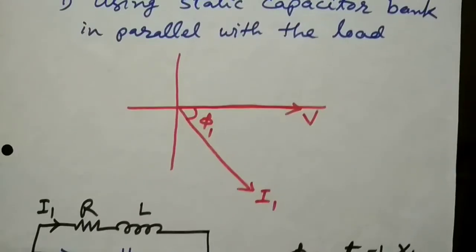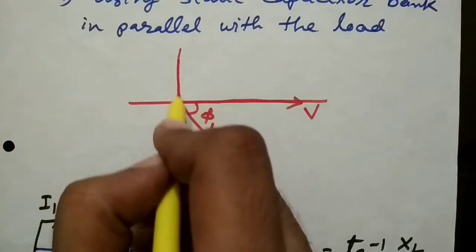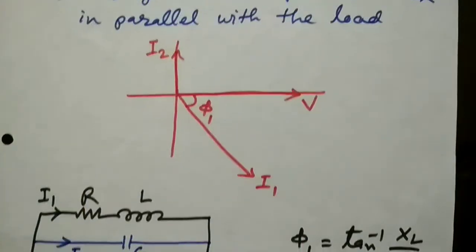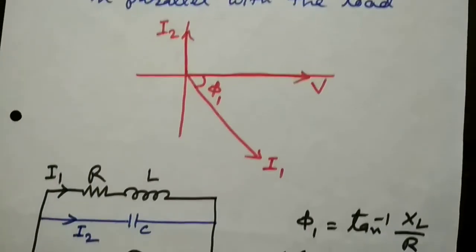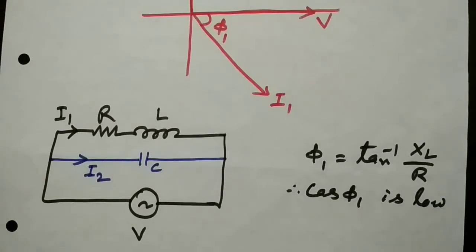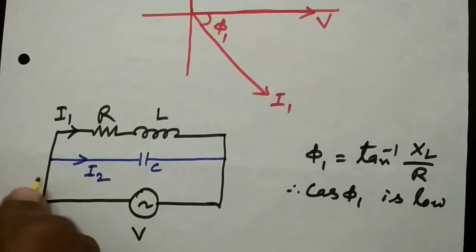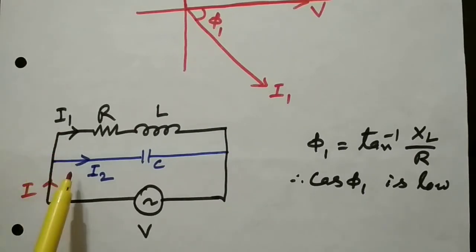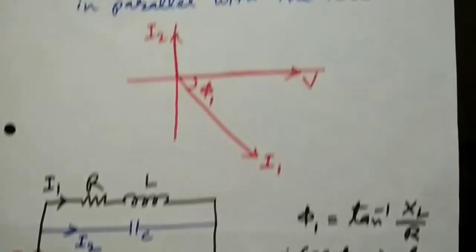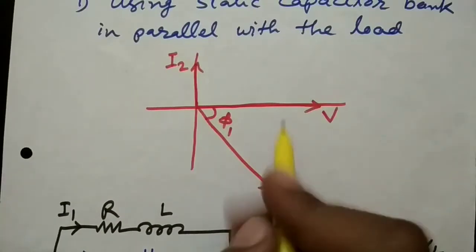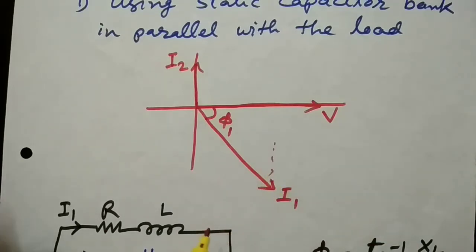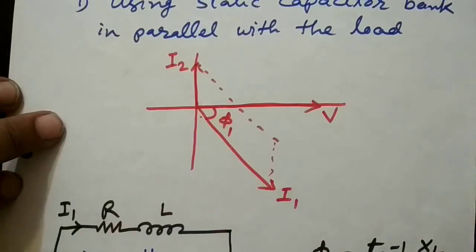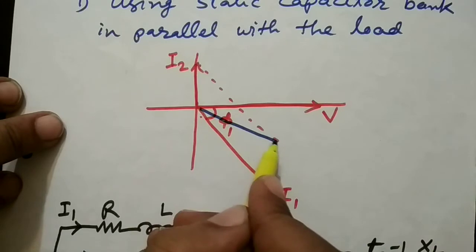Therefore, in the phasor diagram, I2 will lead the voltage by 90 degrees. The overall current of the circuit, that means the current supplied from the source, is I, and it will be the sum of I1 and I2. So we can add these two currents by using the parallelogram concept. Here we get the resultant current, that is the circuit current I.